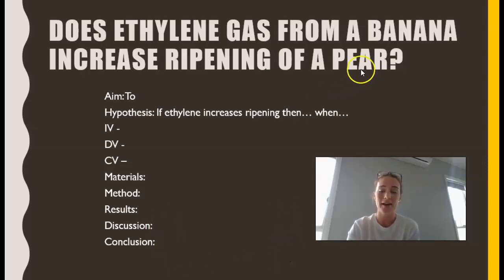But if you do have some ripe bananas at home, I'd be really interested to see you come up with and actually conduct your experiment this week. So, does ethylene gas from a banana increase ripening of whatever fruit you have laying around? Once you've got that written up, there's a space in your style lesson to upload it, and I will have a look and give you some comments on that.